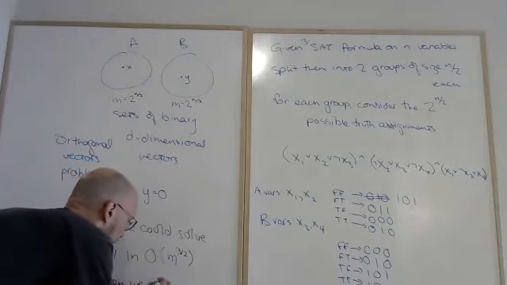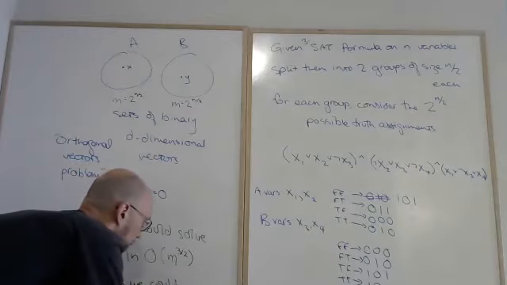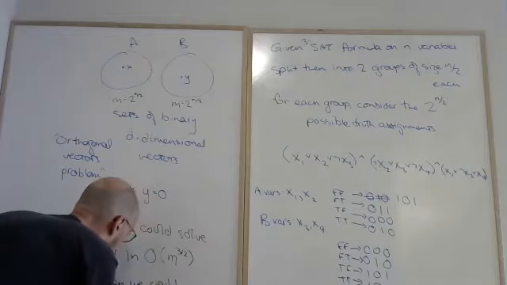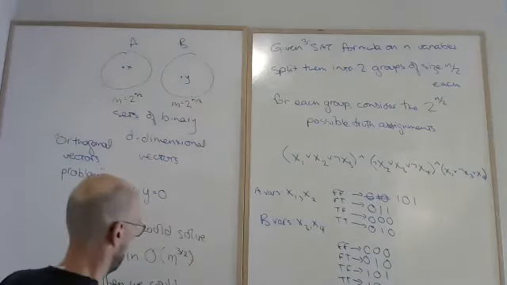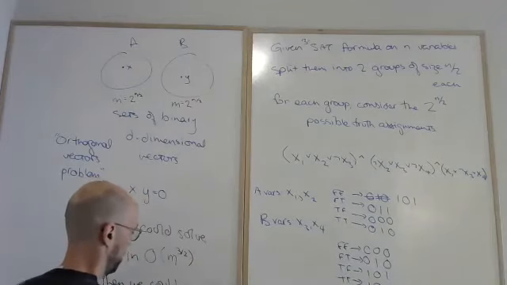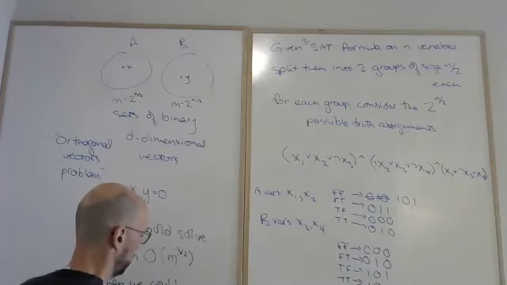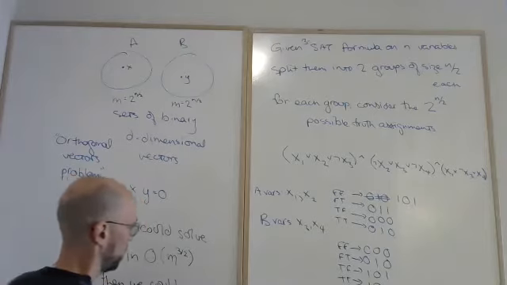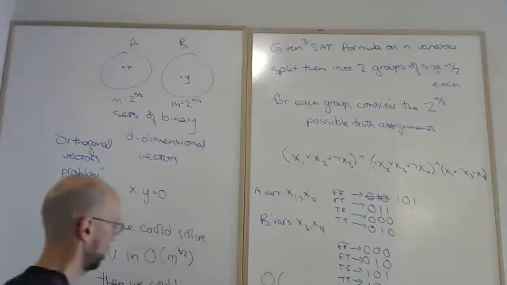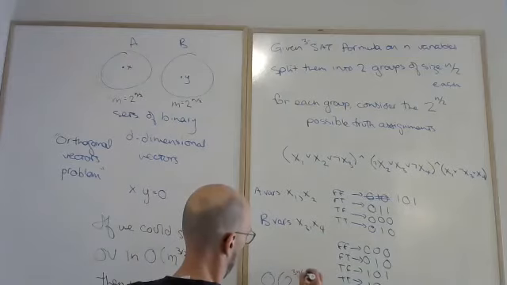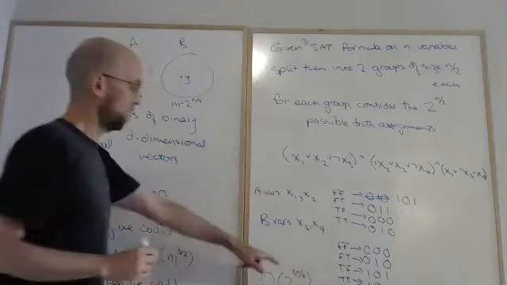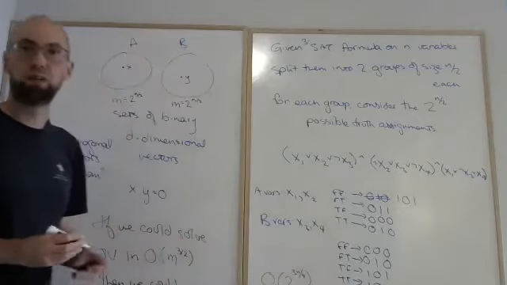Then we could solve SAT in O of 2 to the n over 2, to the 3 over 2, which is O of 2 to the 3n over 4. So we could solve SAT in better than 2 to the n time.